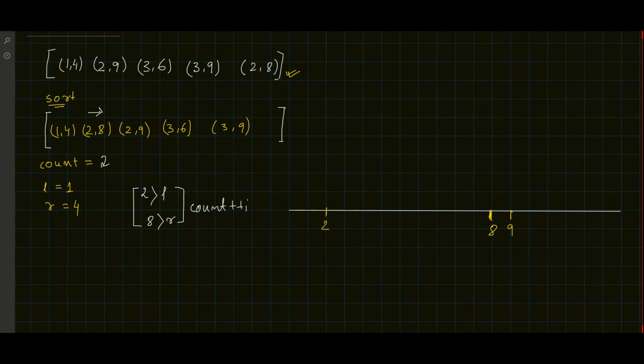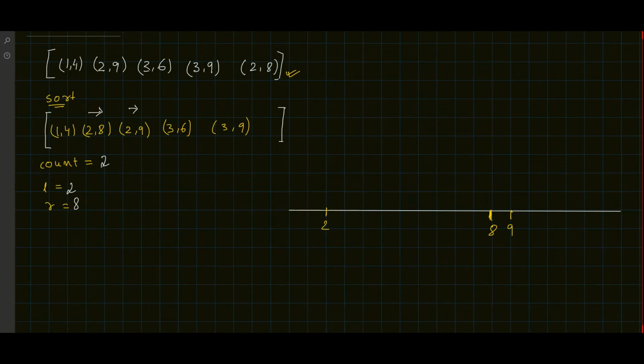It means we have encountered an interval which is independent and does not come under any other umbrella, so we include this. So 2 comma 8 is done. Now let's go to the next pair, 2 comma 9. One more thing: when we have updated our count, we also need to update left and right. So our left is now 2, right is 8.